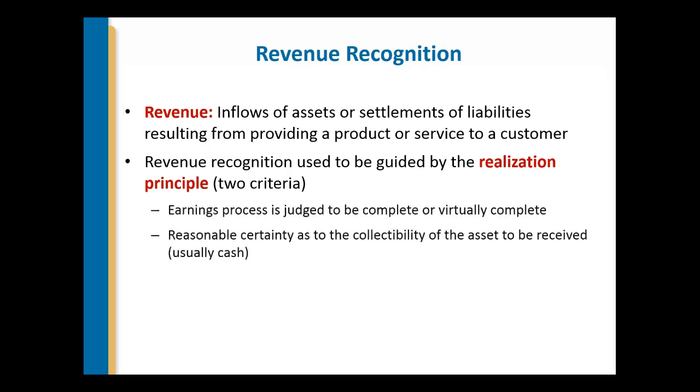Revenue recognition used to be guided by the realization principle, which requires that two criteria be satisfied before revenues can be recognized. The earning process is judged to be complete or virtually complete, and there's reasonable certainty that the money will be collected or received.